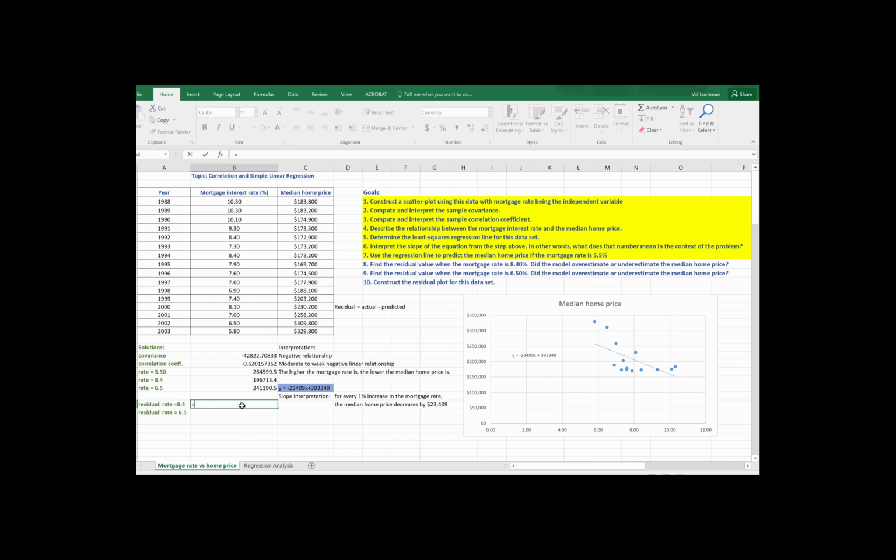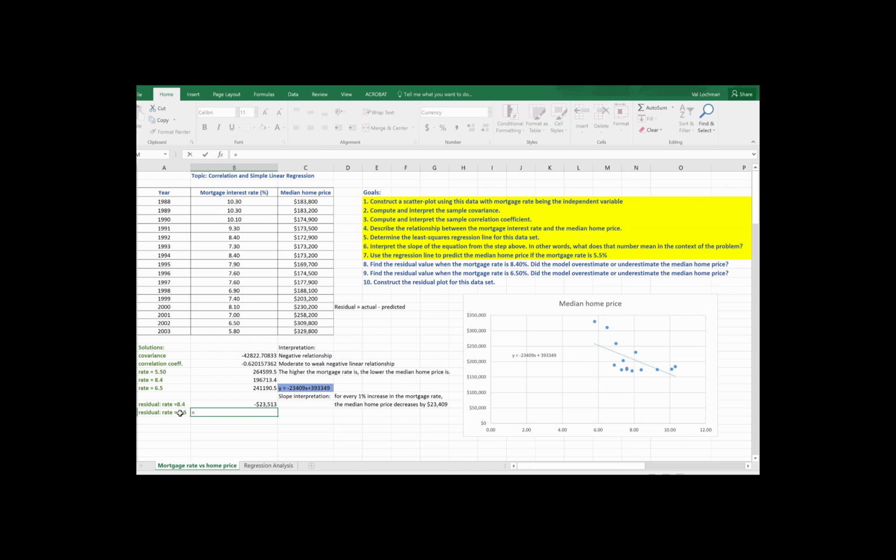So what is the actual value of the home price for the rate 8.4? I'm going to find it. It's this one right here, and then minus the predicted value. Okay, so we get negative $23,513.